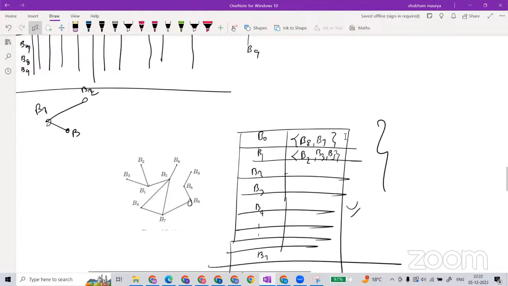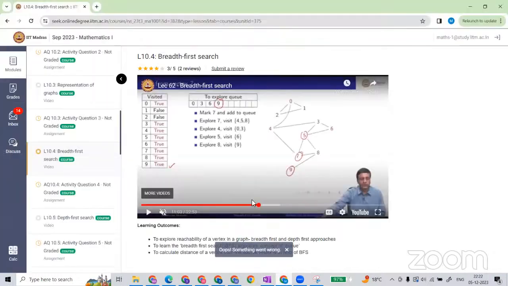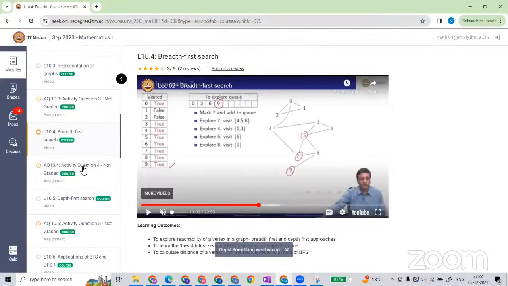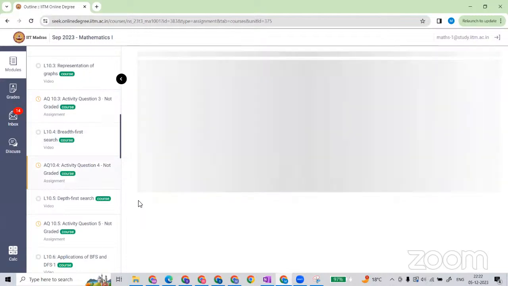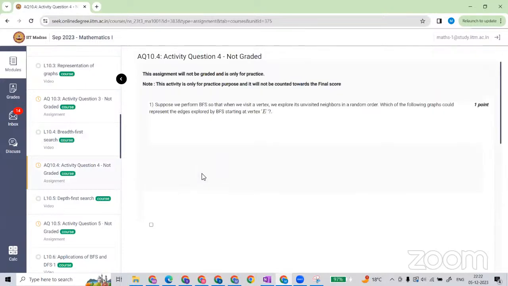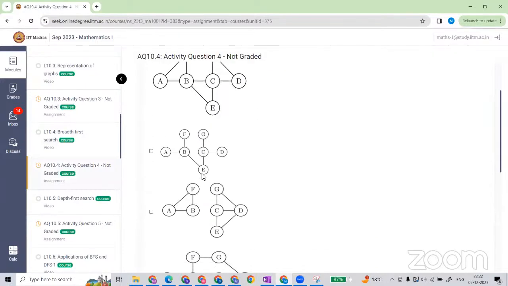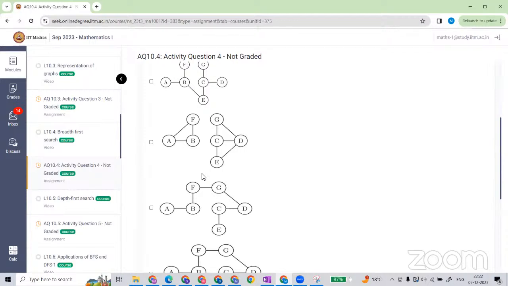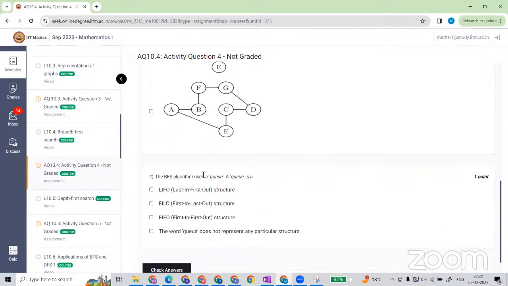Can we go to 10.4? Third question, 10.4. Which question? It's the third question. This is 10.4.